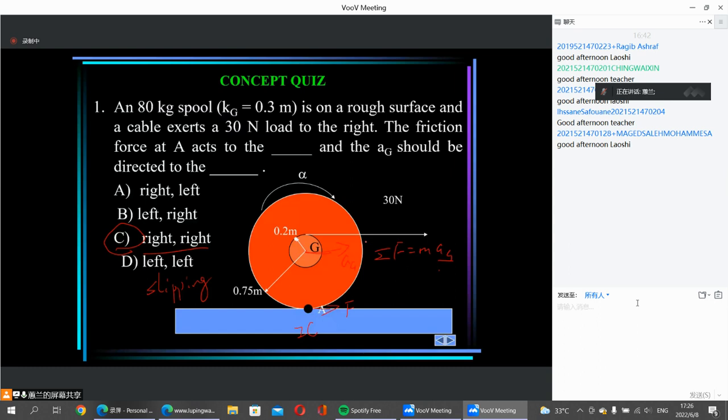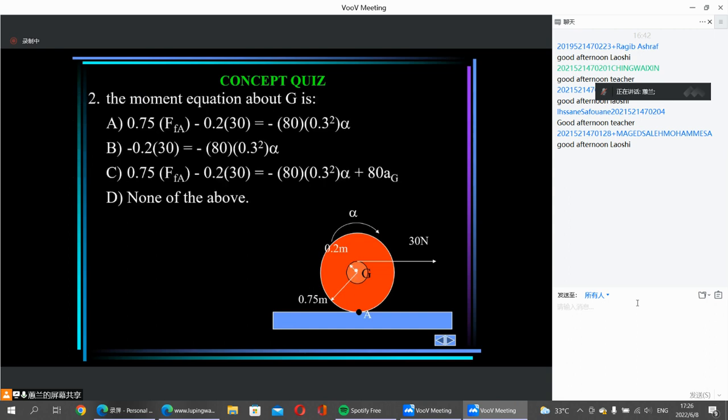We have a_G to the right. We have verified this in the previous slides, right? Because if it's no slipping, we have v_G equal to R omega, a_G equal to R alpha. So a_G should be to the right. Again, with a_G to the right and alpha counterclockwise, A still has the tendency to move to the left, and the friction force should be to the right. Okay, so the answer should be C, no matter slipping or no slipping.